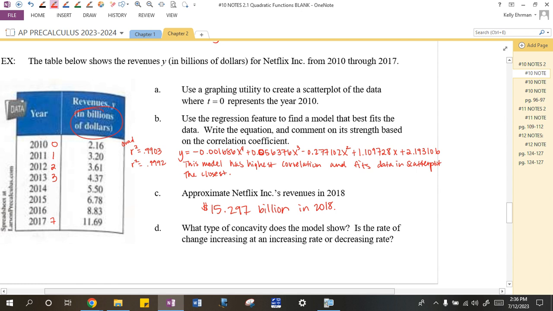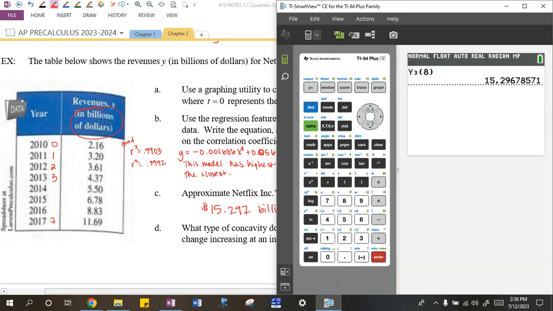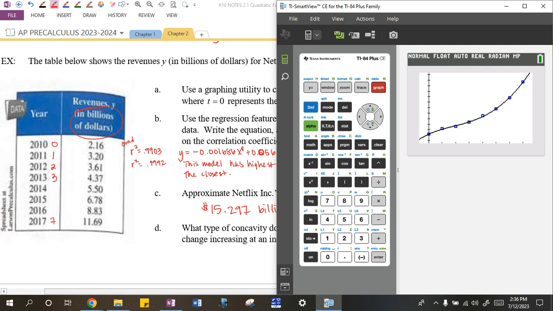What type of concavity does the model show? If it were quadratic, it would have been concave up the entire time. So first let's tackle concavity. Go back to your graph. Looks to be concave down, and then maybe right here-ish. What is this? This is 1, 2, 3, so maybe 2013. Then we switch to concave up.